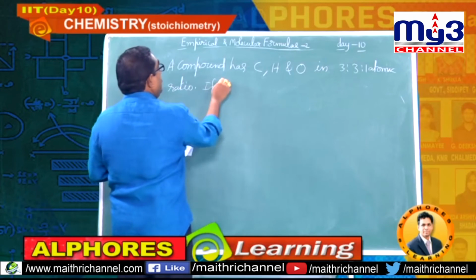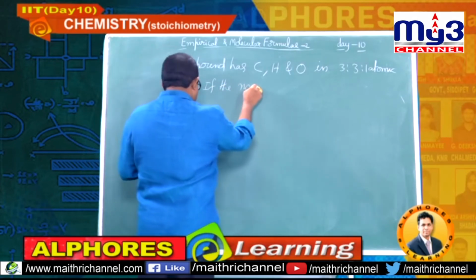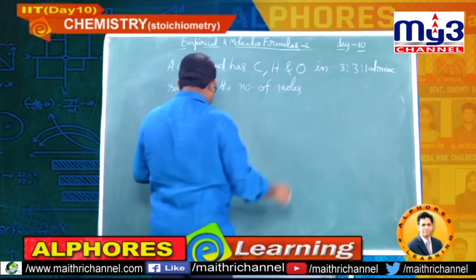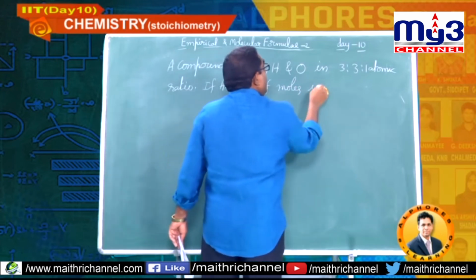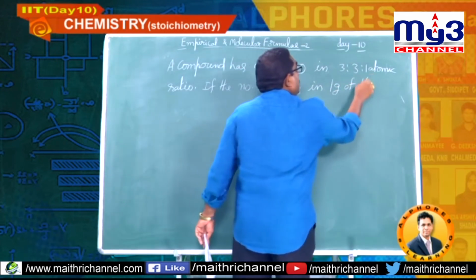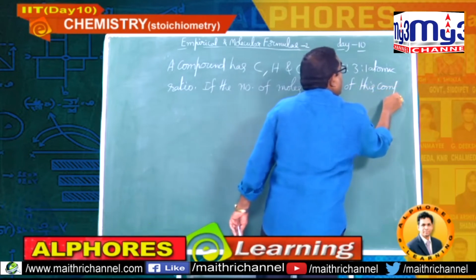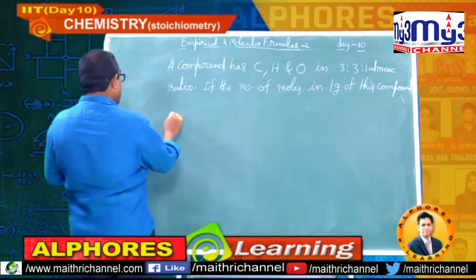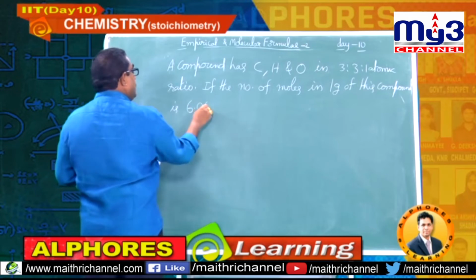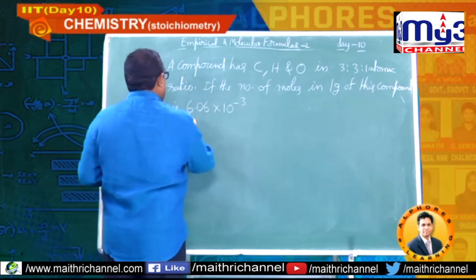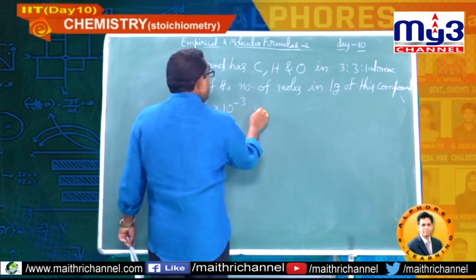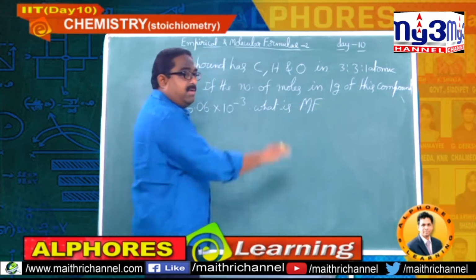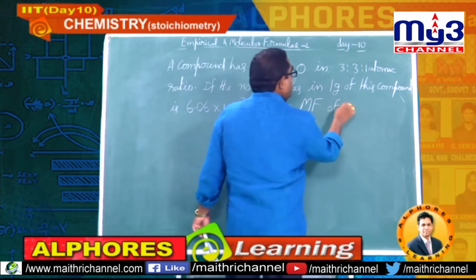If the number of moles in 1 gram of this compound is 6.06 into 10 power minus 3, what is the molecular formula? MF, I have written, molecular formula of compound.